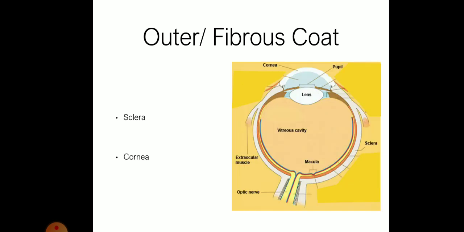When you take a cross section, you can see that the sclera and cornea are almost segments of two circles. The sclera is a segment of a larger circle, and the cornea is a segment of a smaller circle with more curvature.